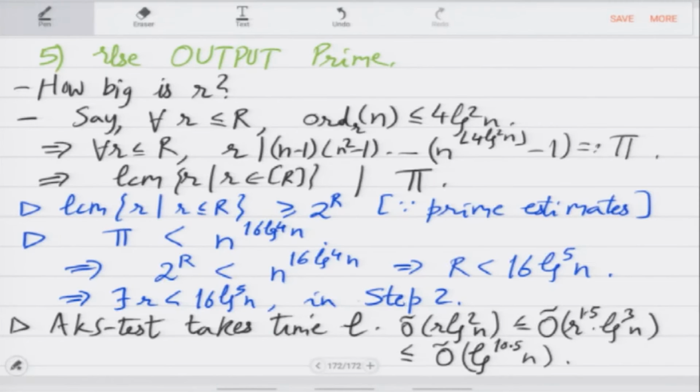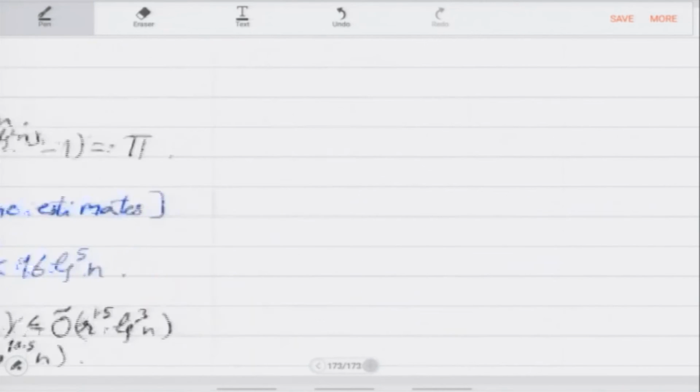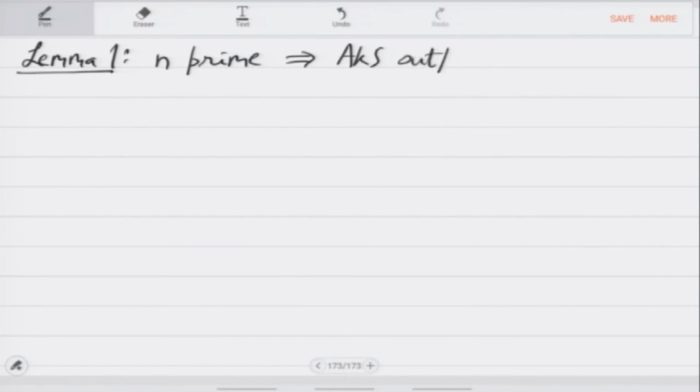Let us now analyze why the answer is always correct. There are no random bits involved. So first is a simple observation that if n is prime, then AKS outputs prime.